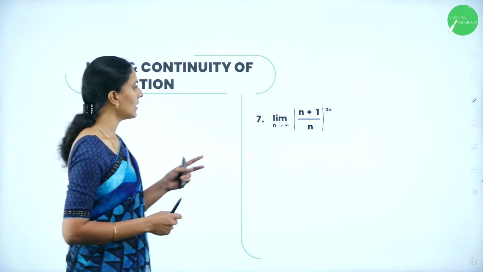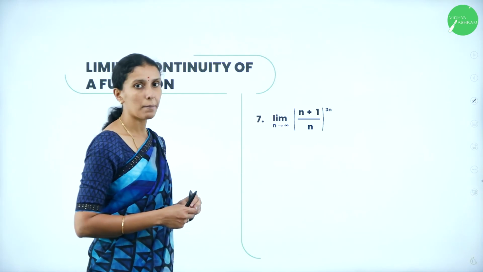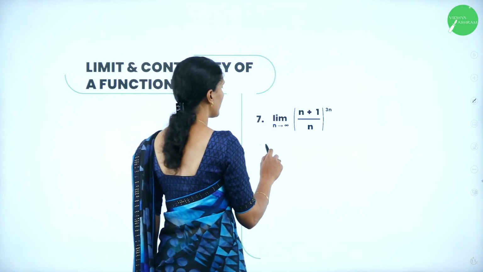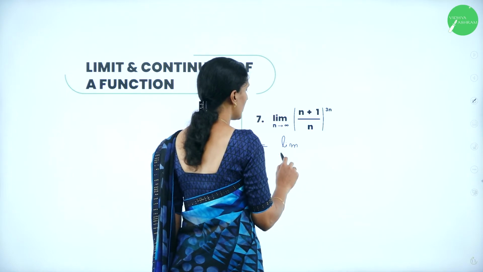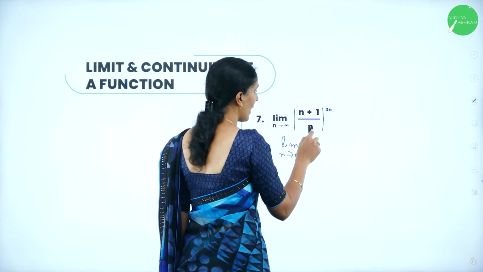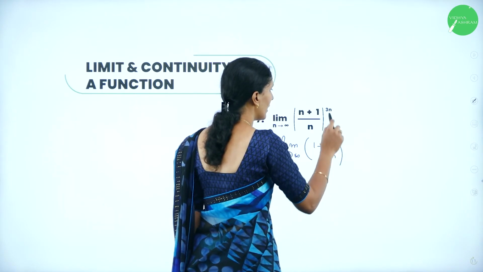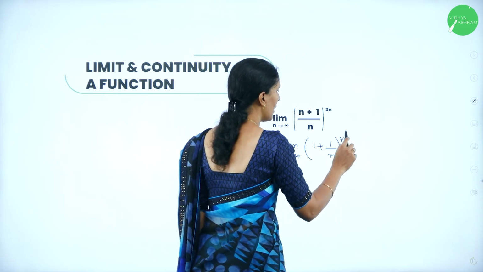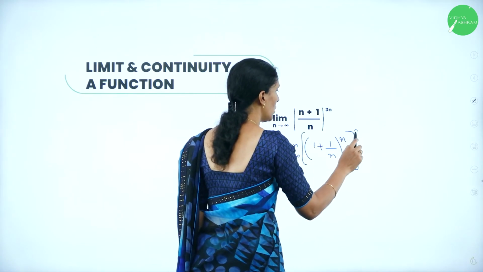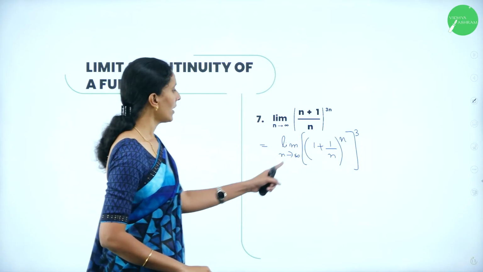Next question we have limit as n tends to infinity n plus 1 by n whole to the power 3n. I'll rearrange the terms. Divide by n, n by n is 1, and 1 by n. Here I have 3n. I'll write n first and cube later, which is same as 3n. Now observe the limit.